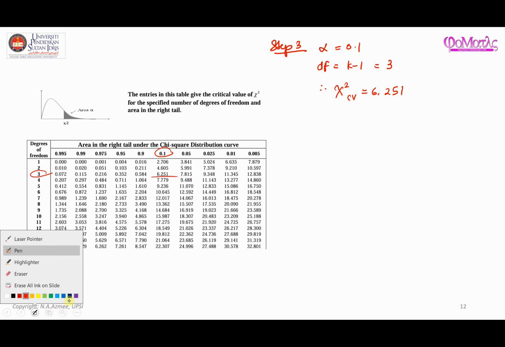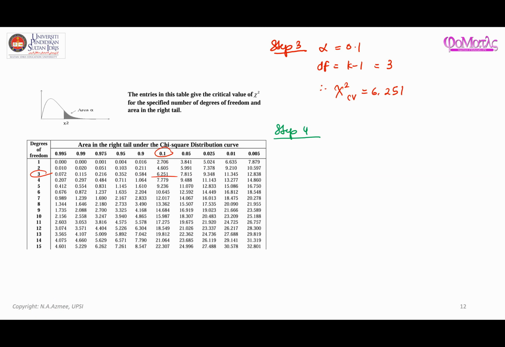In step 4, we will decide whether we should reject or not reject the null hypothesis. Based on this, you can see that the critical value is 6.251, which gives the critical region on this side.